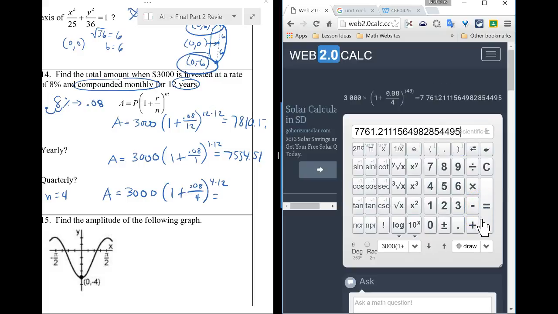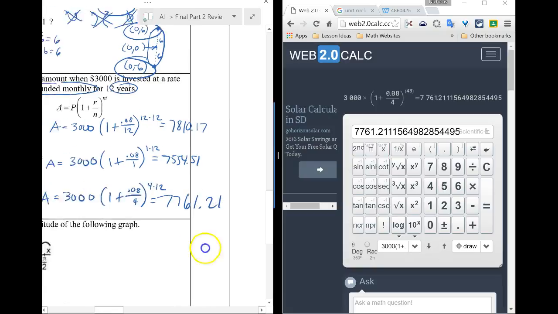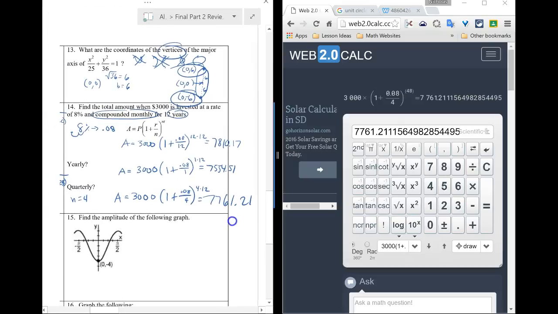And that will give us $7,761.21. And as you can see, the first one gave us the most, so compounding monthly gives us the most bang for our buck.